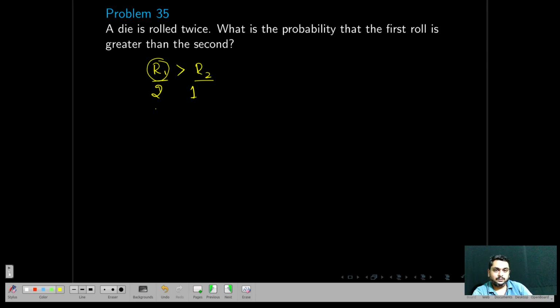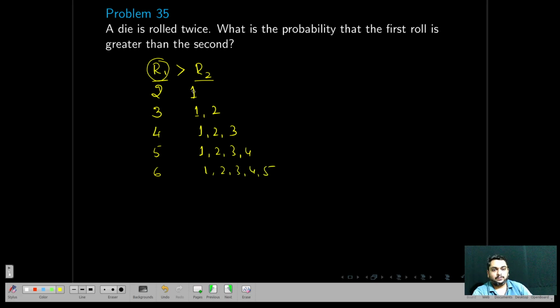If it is 3, it can be 1, 2 here. If it is 4, it can be 1, 2, 3 here. If it is 5, it can be 1, 2, 3, 4 here. If it is 6, it can be 1, 2, 3, 4 or 5.